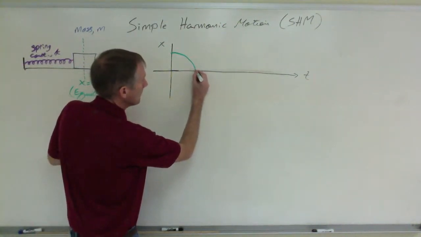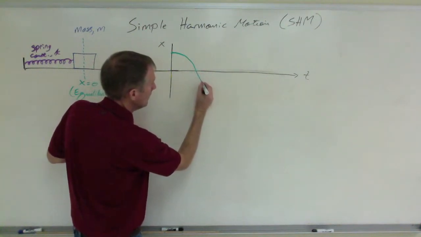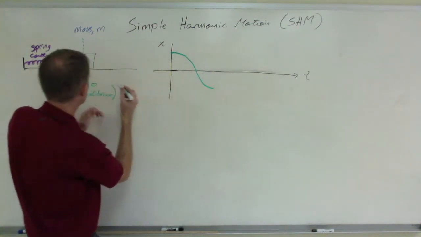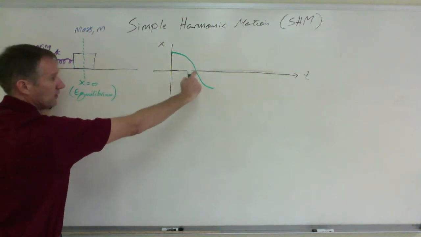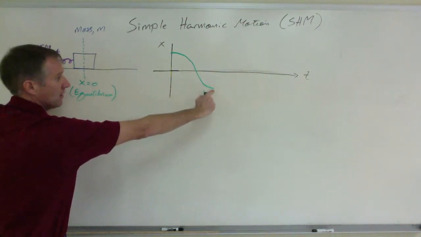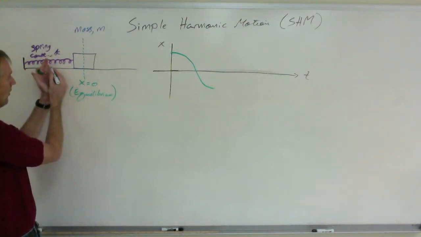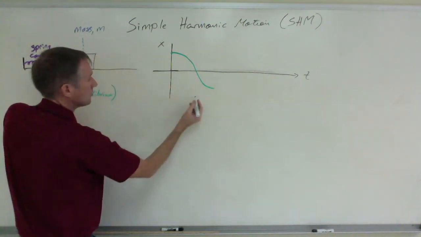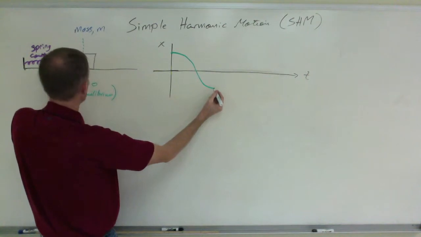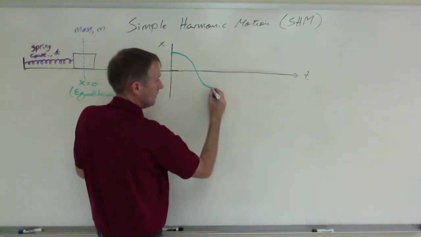And then it goes through, and it's going to stop over here, this point right here. It's slowing down now as it moves over to this point until it stops. And then it's stopped right here, and this is where it turns around and starts to come back the other direction.